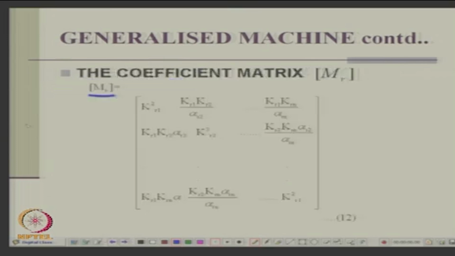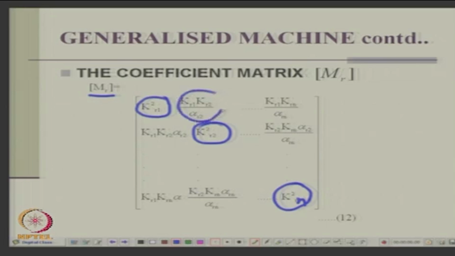So, easy to write, MR is the coefficient matrix for the rotor self inductance, which will be proportional to KR1 square, KR2 square, KRN square, and between the rotor R1 and R2 will be KR1 KR2 alpha R2, and the last one will be KR1 KRN alpha Rn.